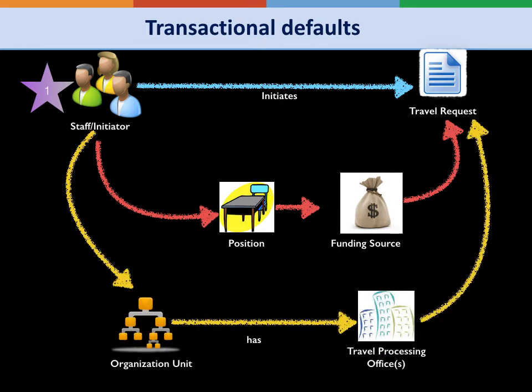And the travel processing office is defaulted based on the organizational unit to which the staff member or the traveler belongs, and the linkage, as we explained before, based on the wiring, determines which travel processing office is linked to that particular organizational unit. And again, these are all defaults, and all default values can be changed during the process of the travel request document.